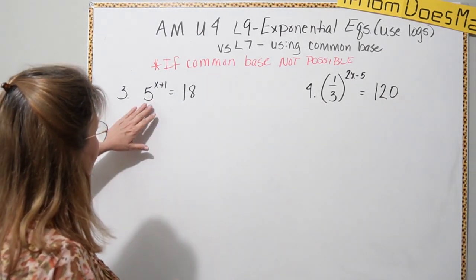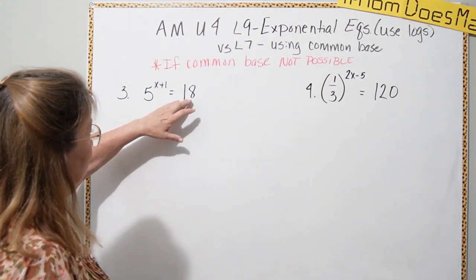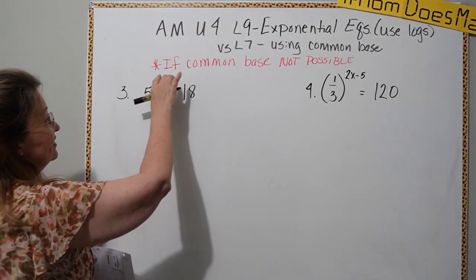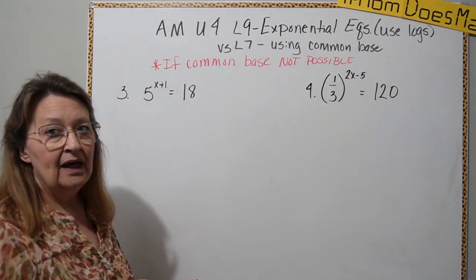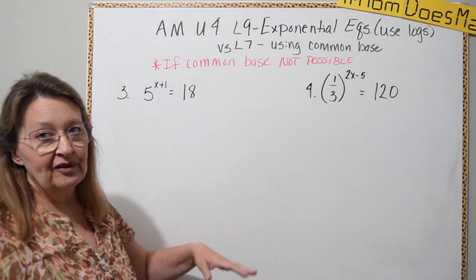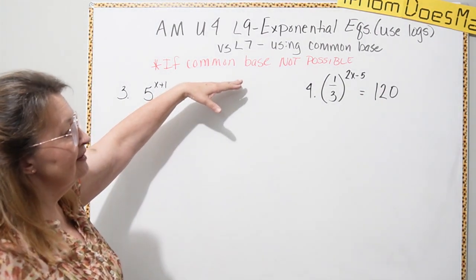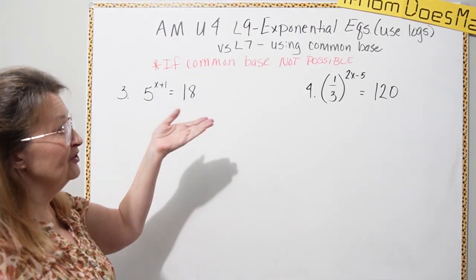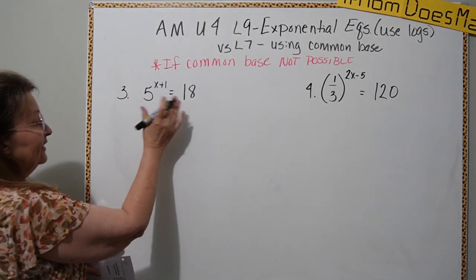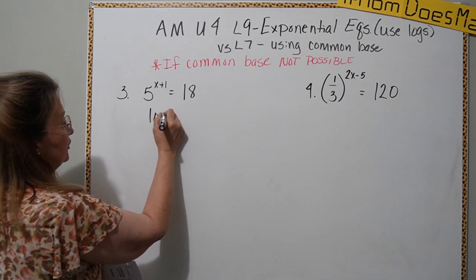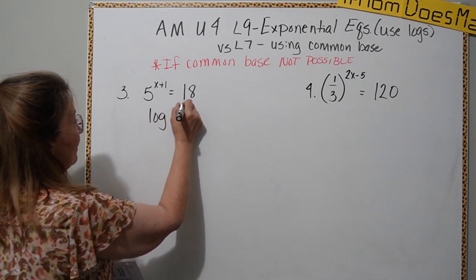Number 3 says 5 to the x plus 1 is equal to 18. Once again, there's not a common base possible between 5 and 18. And for the rest of these problems, and I'm going to say that over and over, that's why we're doing these problems this way: there's not a possible common base. So once we identify that, we're going to take the log of each side.